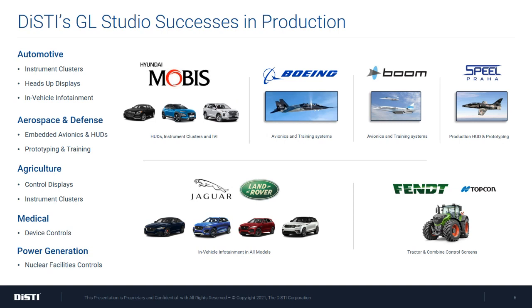Also the next gen avionics for Boom Aerospace, as well as a heads-up display for the L39 next gen with Spiel. So that one's very applicable to what we're going to be covering. Likewise with the Hyundai Mobis and Hyundai Kia Motors. We're used in everything from clusters to infotainment IVI style applications, as well as heads-up displays.